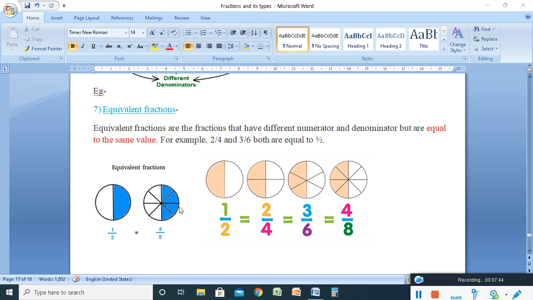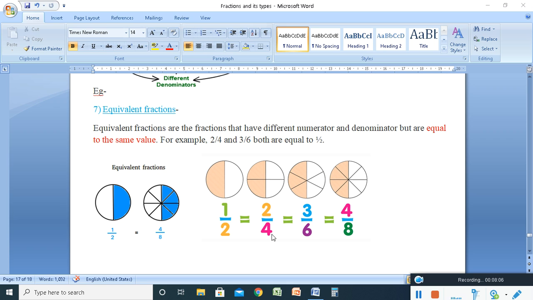Look at the example here, 1 by 2, 2 by 4, 3 by 6, 4 by 8. The numerators and denominators are all different values, but all are equal. If you simplify these, you will get 1 by 2 itself. If you reduce to the lowest form, divide by 2, you get 1 by 2.